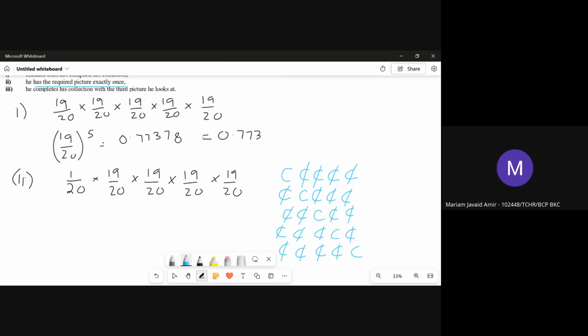So you have 5 such cases. So in the second case, you'll write 19/20 times 1/20 times 19/20 times 19/20 times 19/20. Now, instead of doing this over and over again, we will just do it once and times it with 5. And this would be the answer.